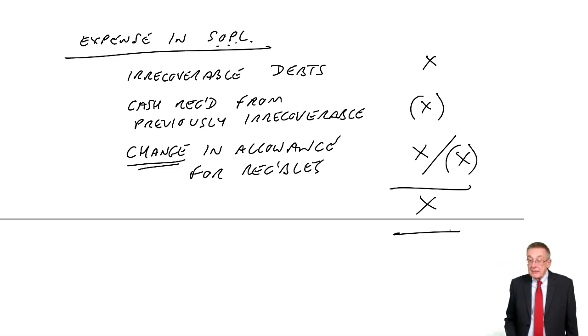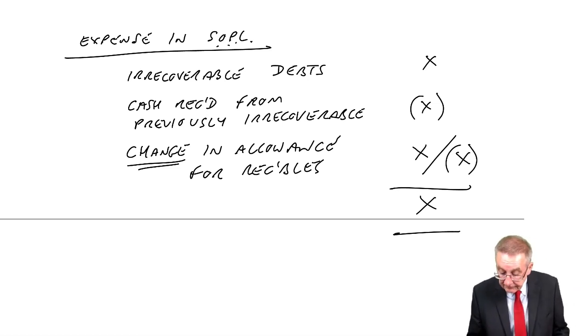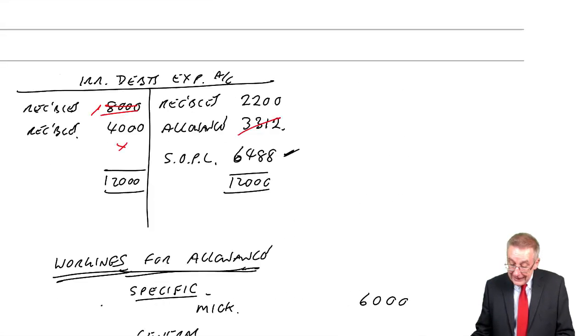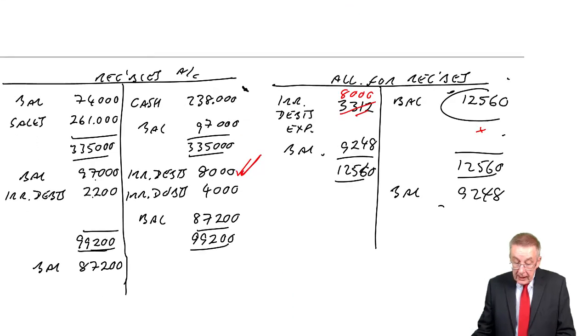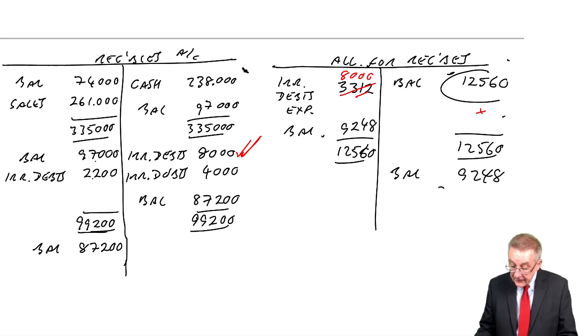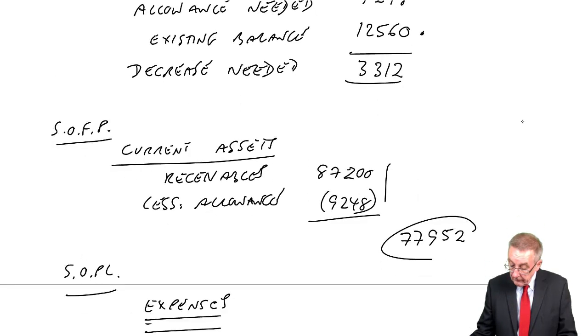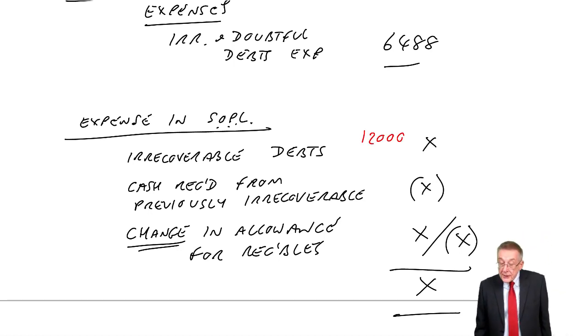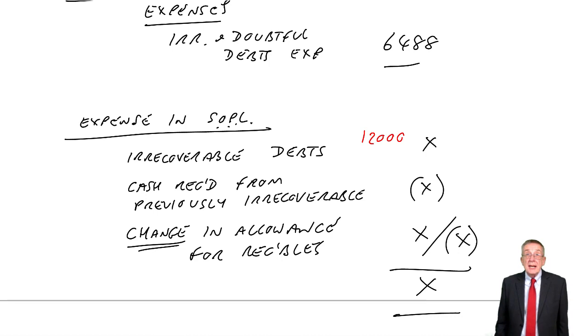And do remember that. You see, in our example, the irrecoverable debts were George and Ringo, a total of 12,000. Here there was cash received from a previously irrecoverable.